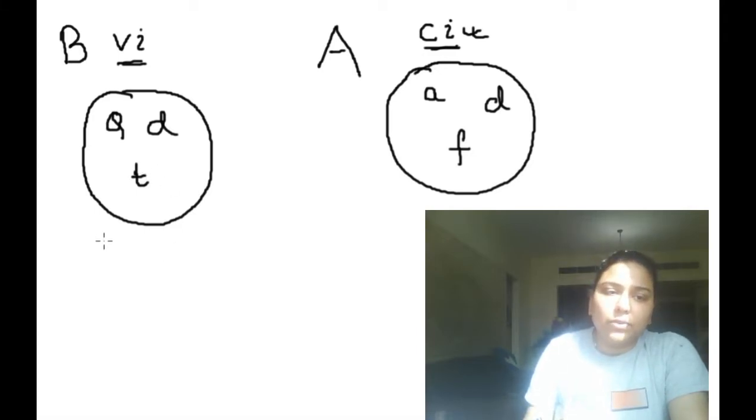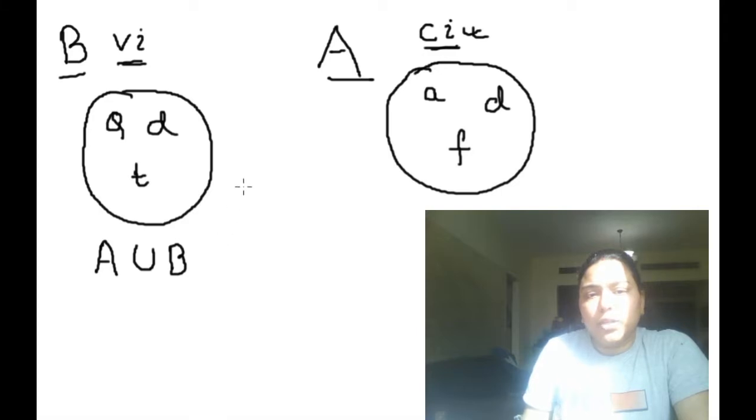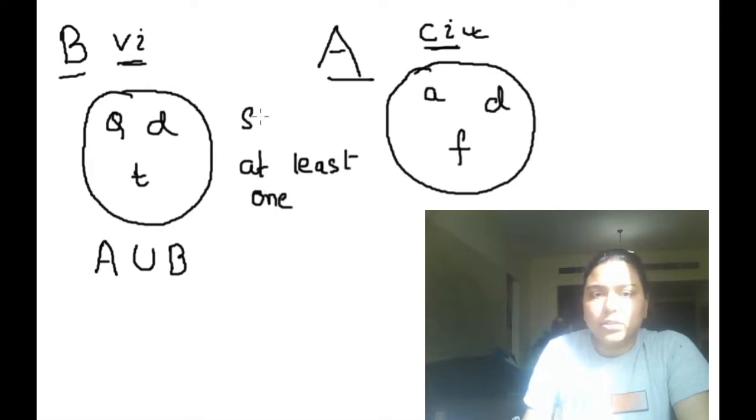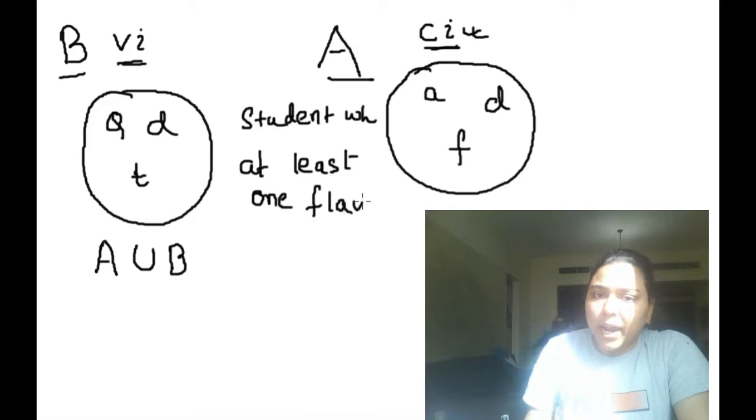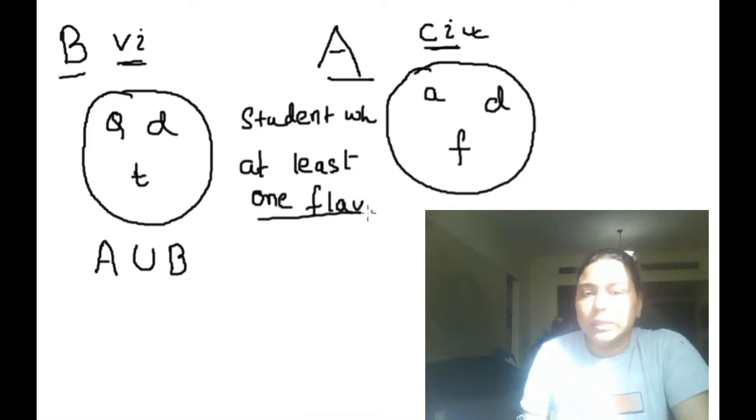Now we have to write A union B. A union B means students who like at least one flavor. At least one flavor means it can be more than one, but one is the minimum target.